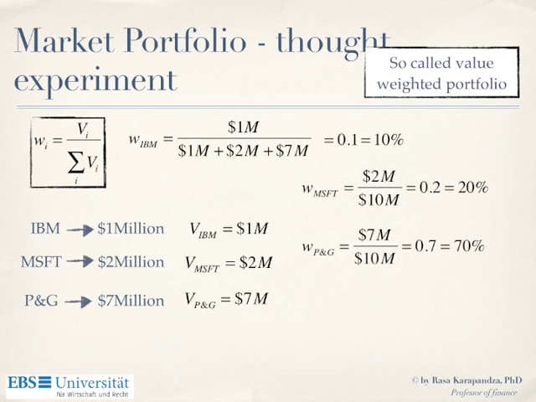Because after this class, I don't want you to go and invest your money into Microsoft stock. This is stupid. You should diversify your risk. You should invest in many stocks. Here we show that the best way, at least theory predicts that the best way, is the value-weighted portfolio. Ideally, the value-weighted market portfolio would mean that you invest in all companies in a proportion that is proportional to the value of this company compared to the value of the whole market.